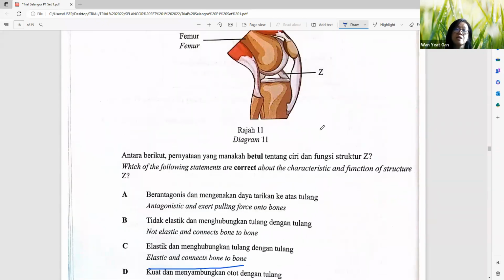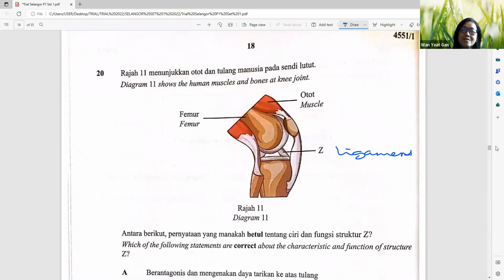So it's actually a ligament. This is a muscle here. This part here is actually a tendon. And this is the cartilage.